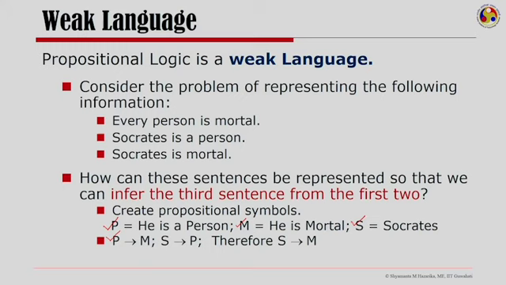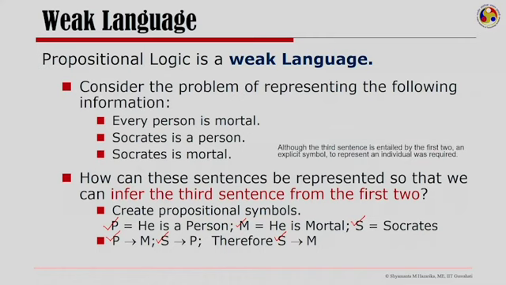What this statement is saying is, if somebody is a person, then he is mortal. The next one, Socrates is a person, could be written as if S then P, and from the first two I could derive S is mortal.